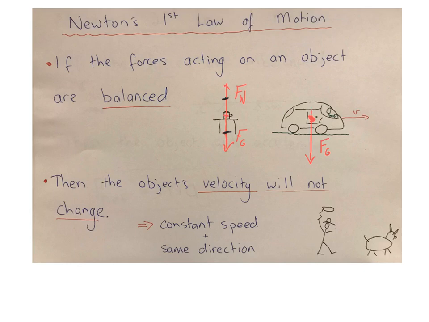The road would be pushing upwards on the car, and we'd call that a normal force. And they must be equal in magnitude. But because the car is moving, it'll also have some air resistance against the direction of travel. So I could label that F air.